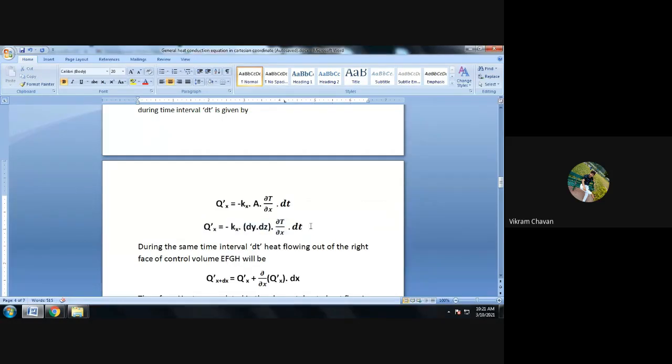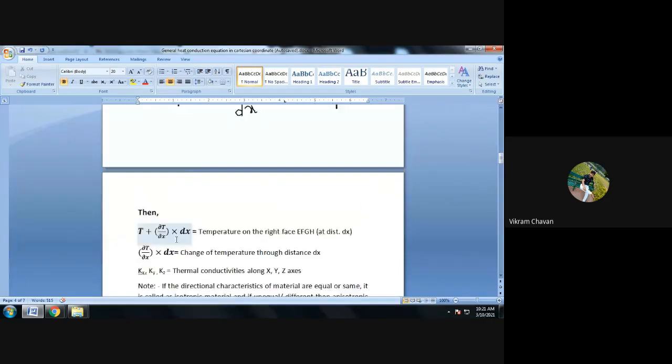Now during the same time interval dt, heat is flowing out of the right face of the control volume, that is EFGH. During the same time interval, some amount of heat is entering inside the element, and in the same time some amount of heat is leaving the element from the opposite direction. So let us consider once again the diagram.